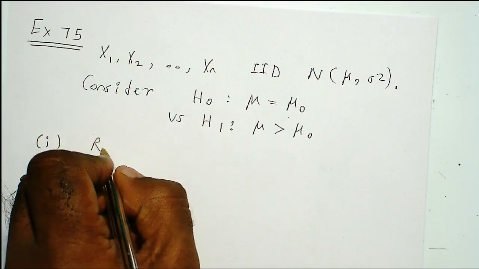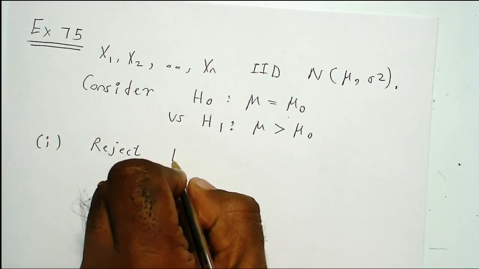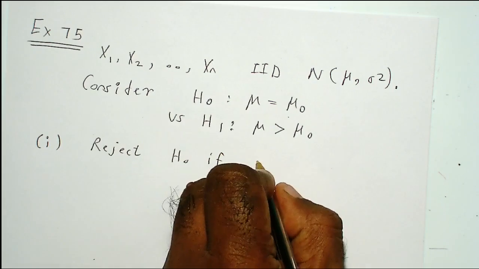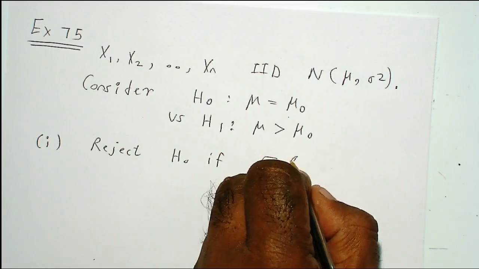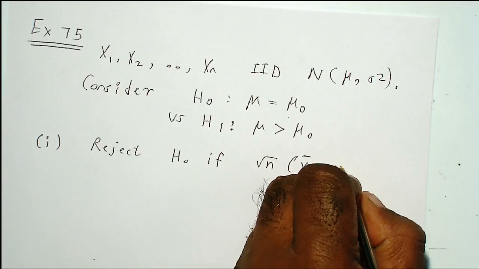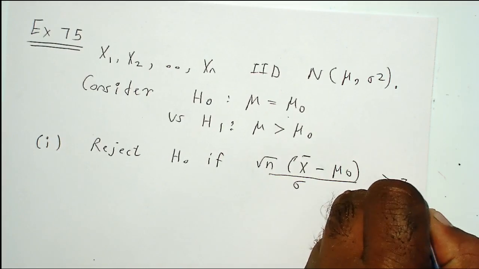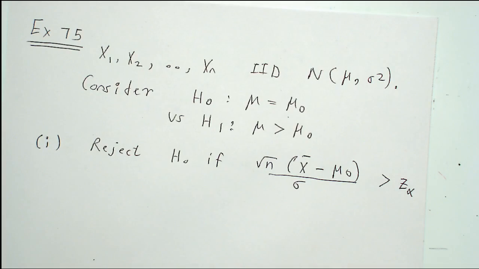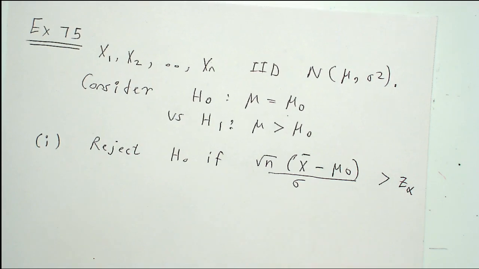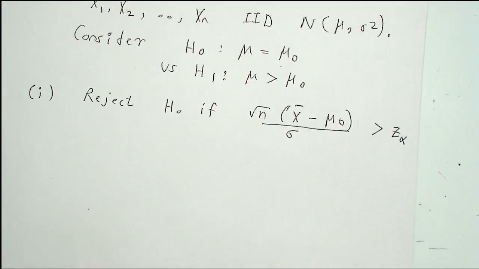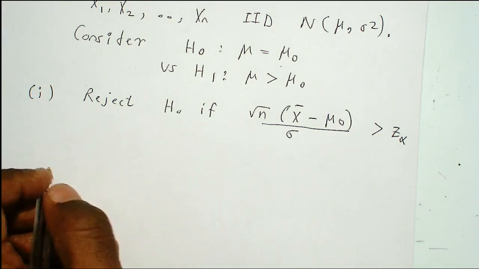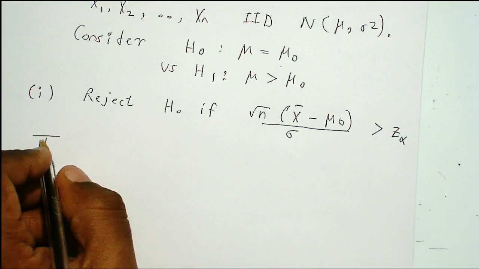You reject. So there are three parts to the question. The first part is we reject the null hypothesis if this is the case, and we want to find alpha, beta, and the power function. I will only do the power function part and let you do the others by yourself.